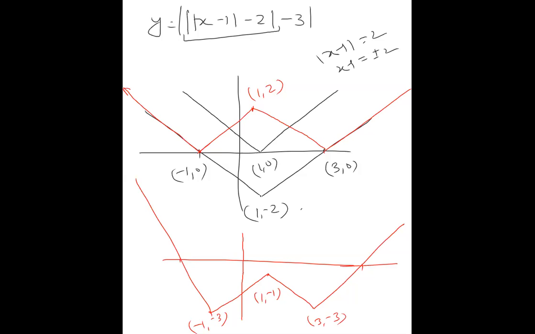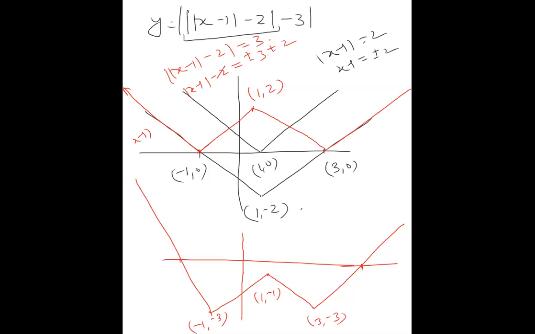When I have to find these two points, I know that this is ||x - 1| - 2| is equal to 3. When I get ||x - 1| - 2| equal to ±3, plus 2, so this will be 5.